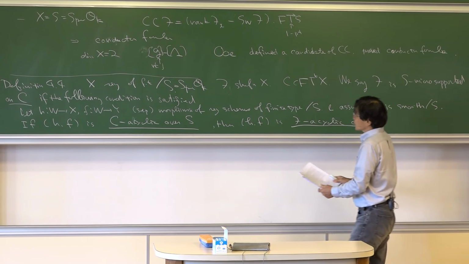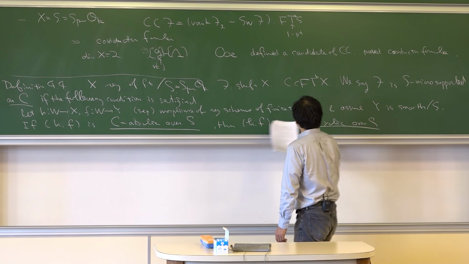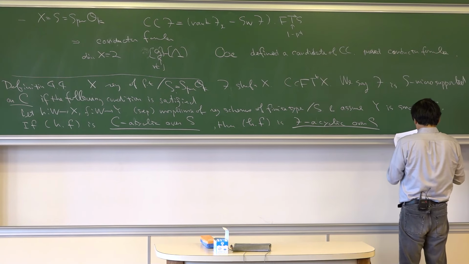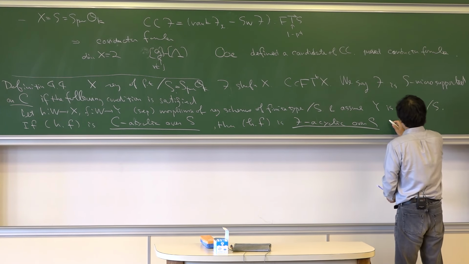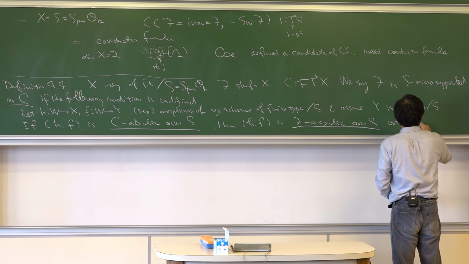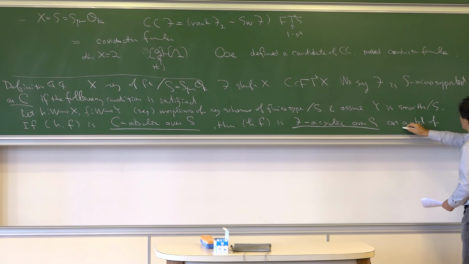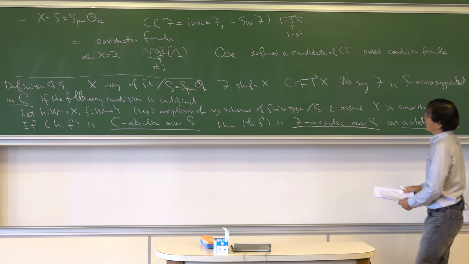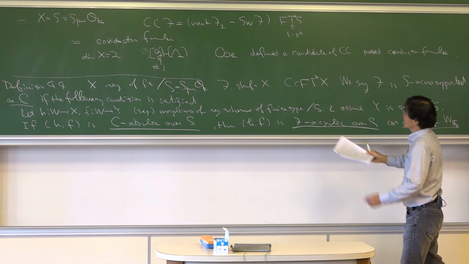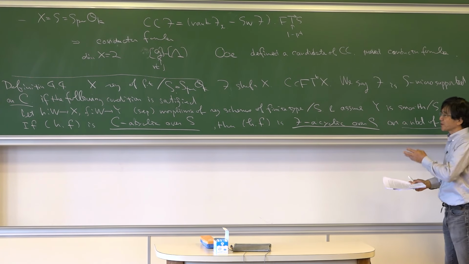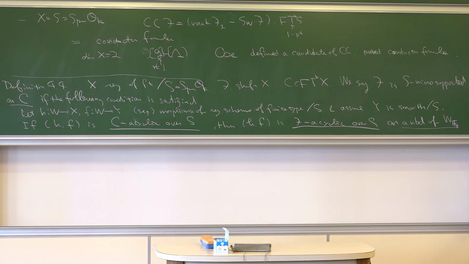In the geometric case, we didn't have this over S. We always have this restriction because we are working with the Frobenius Witt cotangent bundle, which is defined only on the characteristic p fiber.